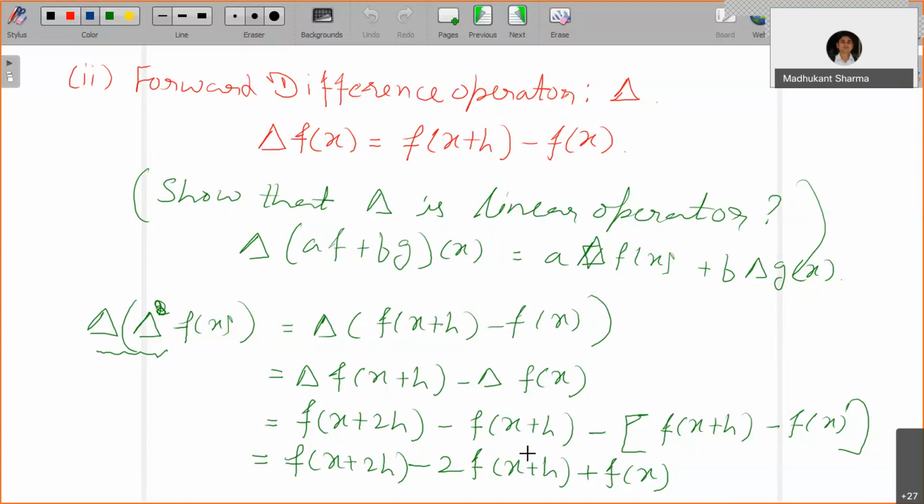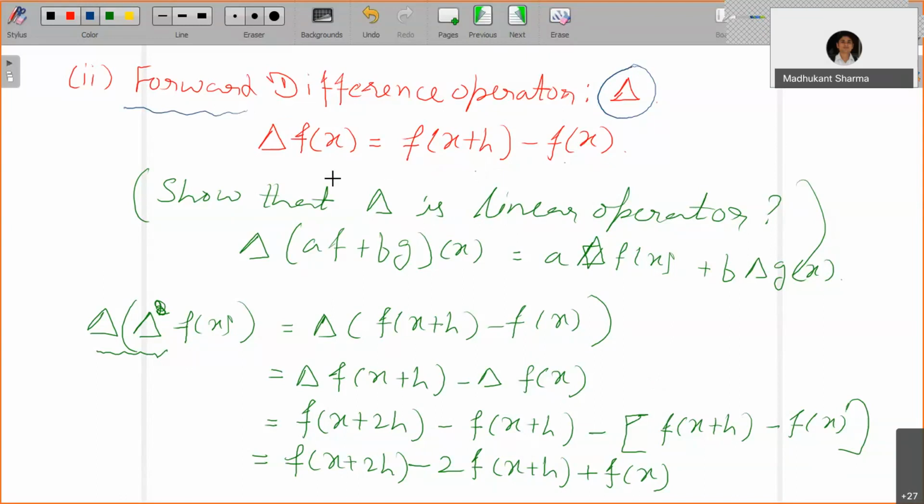For the forward difference operator we use the notation delta, defined as delta f(x) equals f(x plus h) minus f(x). As the name suggests, it goes forward to the next nodal point.